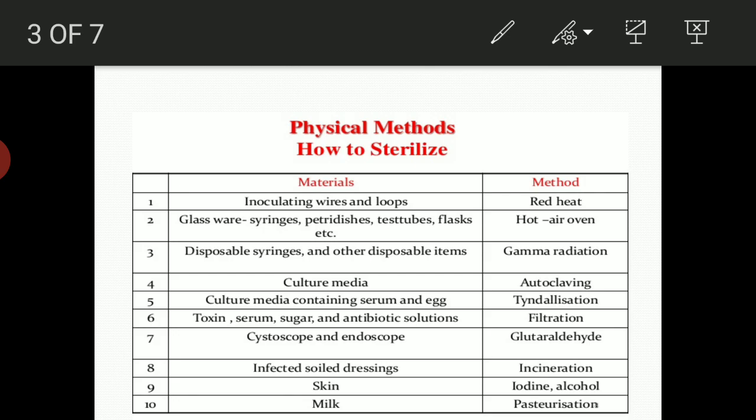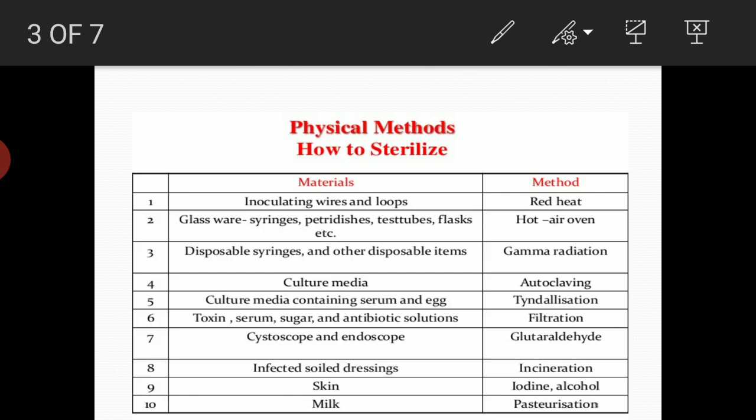The common ways by which wet heat is employed in the laboratory are boiling, pasteurization, tyndallization and autoclaving. Let us discuss the details of wet heat sterilization.